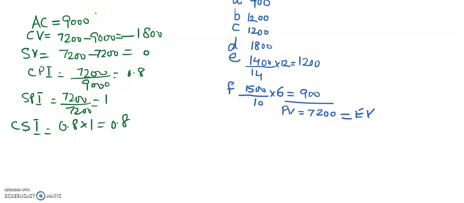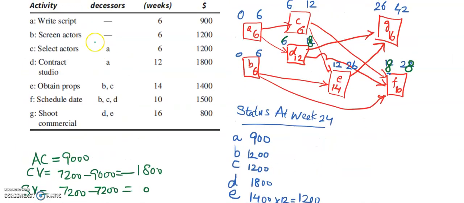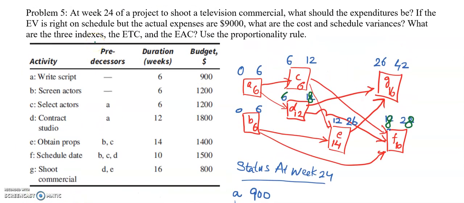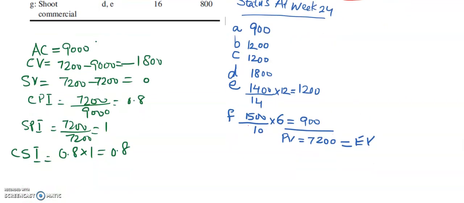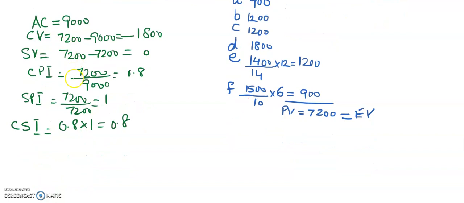So what we have to find next is the estimate to complete and the estimate at completion. Estimate to complete means the remaining cost to complete. So first we can find the estimate at completion.